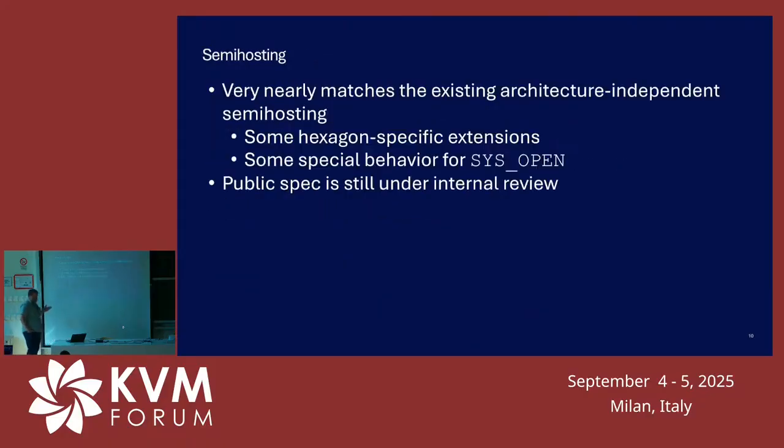So that's the special hook that we have for sysopen. When we get to the point where we are pushing those patches to the list, we'll be looking for feedback about how that could best be done, but we're modeling the existing behavior of the Hexagon Sim.